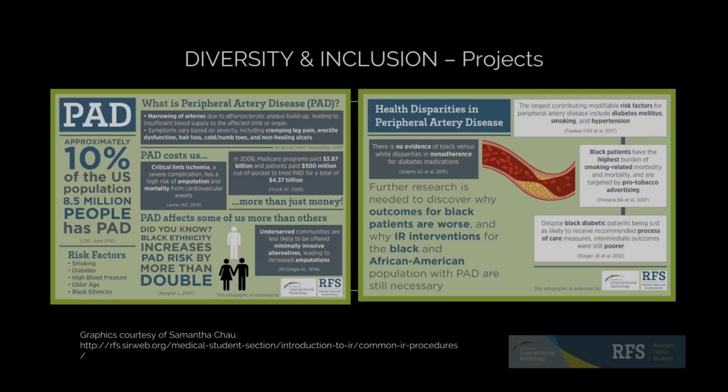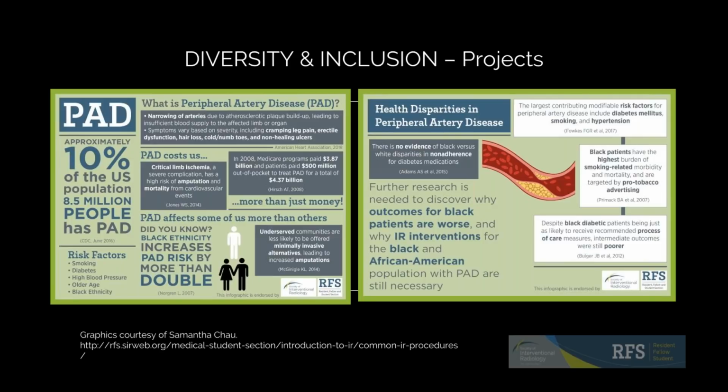Next slide, please. So I just wanted to show two of the graphics that Samantha Chow has done a wonderful job on. This was for our IR Minority Treatment Awareness Outreach Program for Black History Month last month, and we were able to have some amazing graphics on peripheral artery disease. And these are shared on the RFS website as well as on our social media platforms.